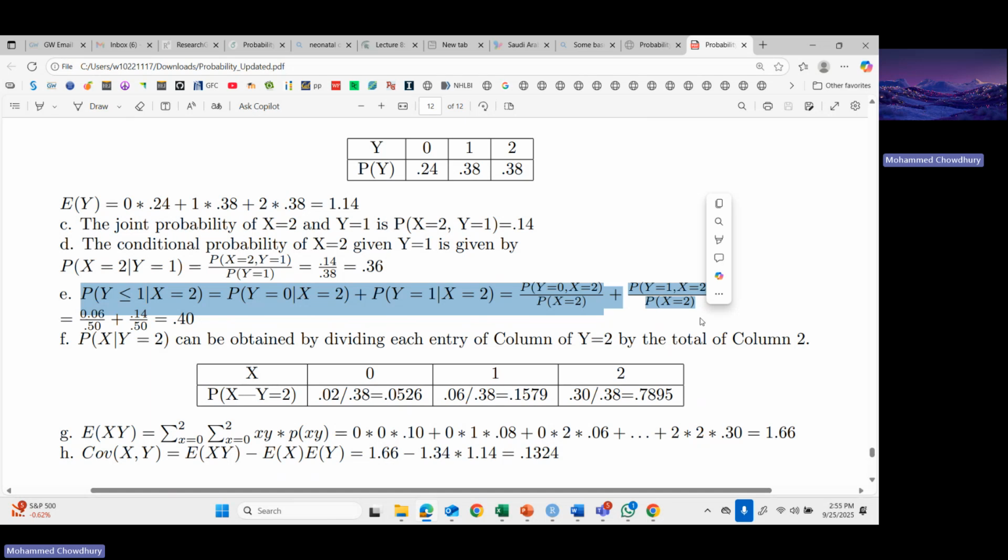So that is why I write here y equal to 0 with x equal to 2, and x equal to 2 is given, then y equal to 1 with x equal to 2. So what am I getting? I am getting that. And then I use the formula of conditional probability, provide the numbers, divide, and get the result.